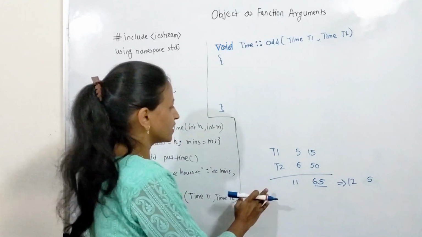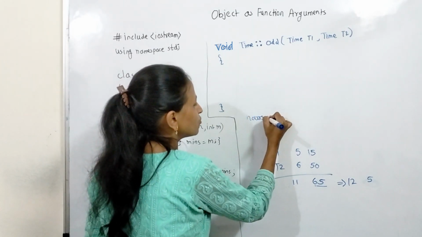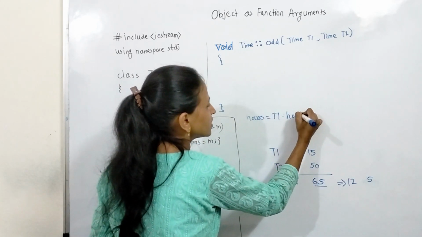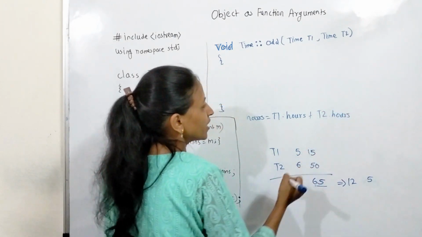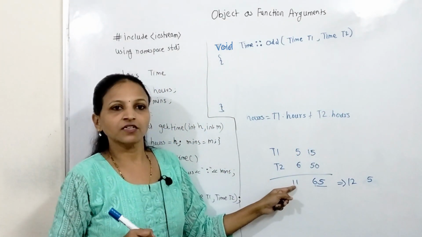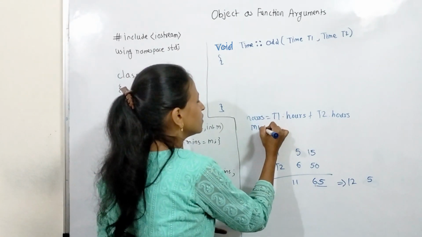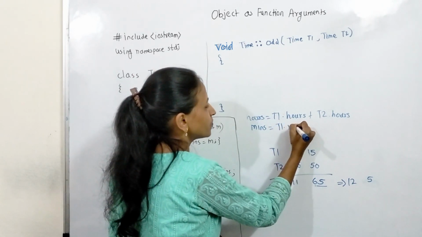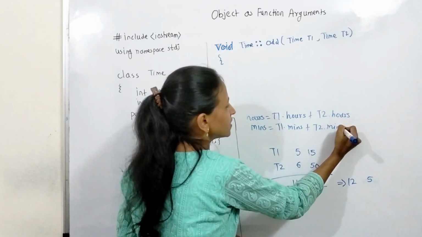First we will do it like this. Suppose I want to calculate hours. Hours equal to, first we will write directly T1.hours plus T2.hours. Now in hours we will get the value 11. Now minutes equal to T1.minutes plus T2.minutes.